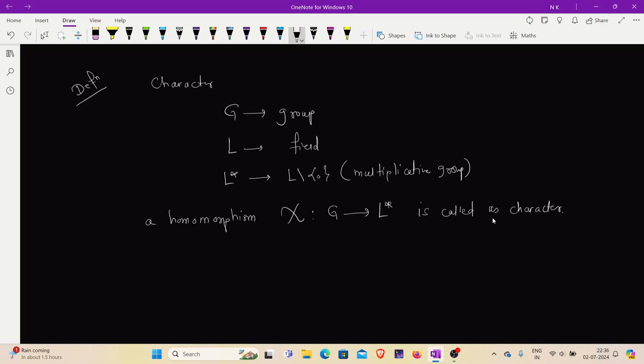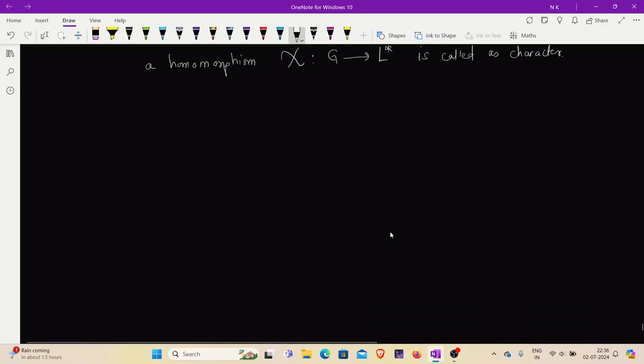Now, what is the definition of linearly independent characters? Linearly independent characters are nothing but linearly independent functions of G over a given field L. So the definition of linearly independent characters is quite similar to the definition of linearly independent elements, but the only difference is that they are functions.